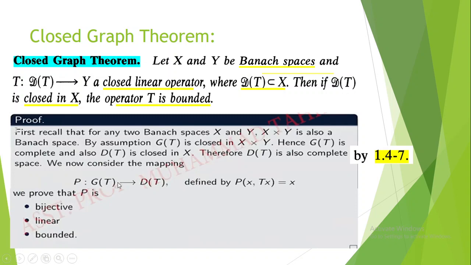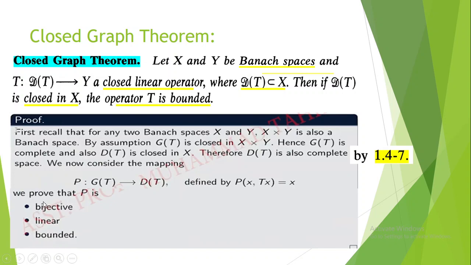P from the graph of the operator to the domain of the operator, and we define this mapping by P of (x, Tx) equal to x. So this is important, and we will frequently use it to prove the closed graph theorem.